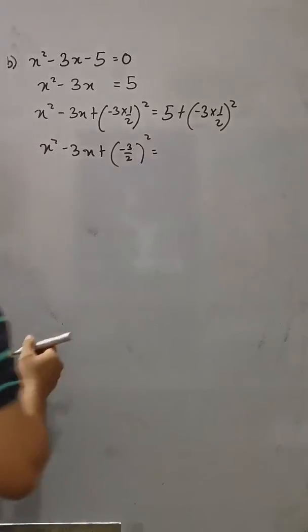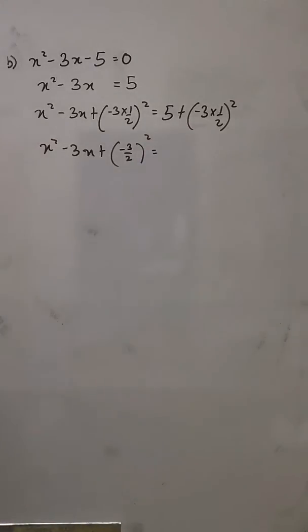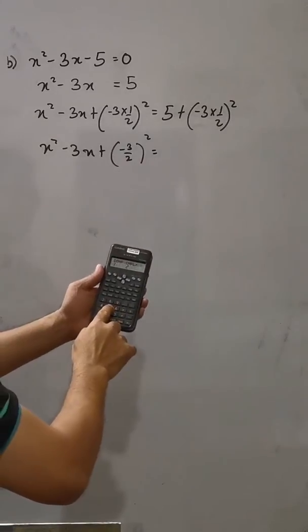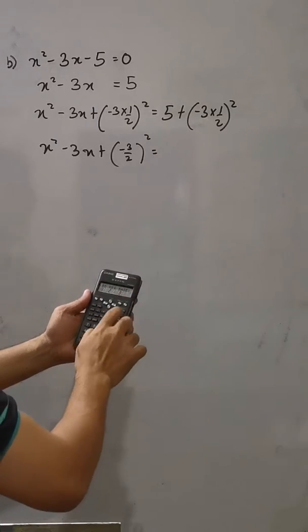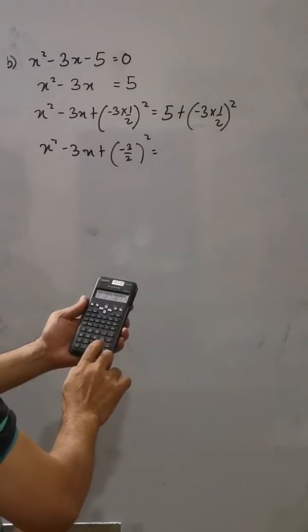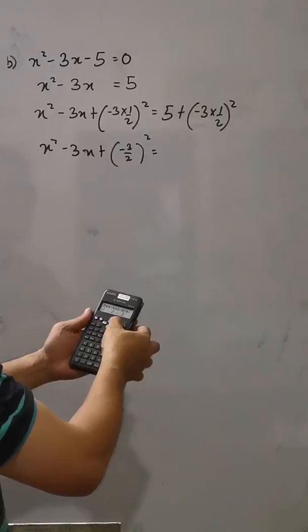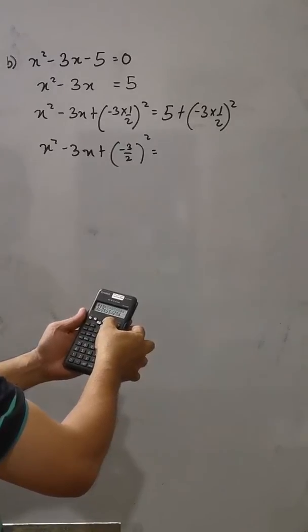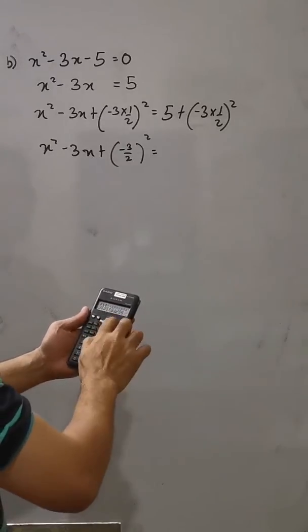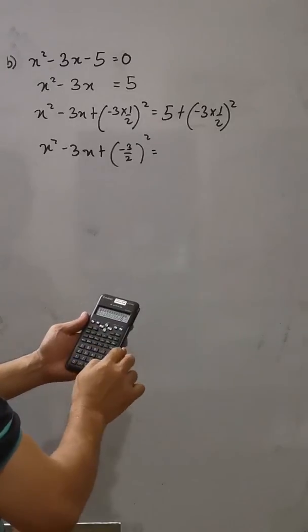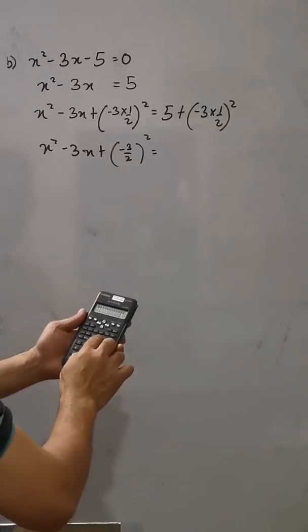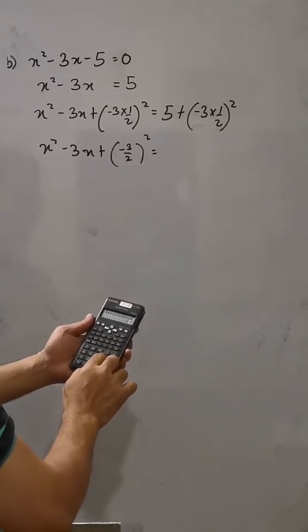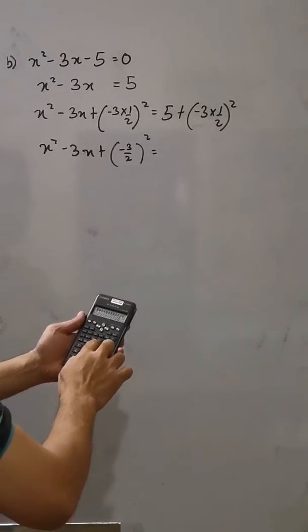So for this part, I just press the calculator to check what the value is. That is 5 plus, inside the bracket, negative 3 over 2 squared.